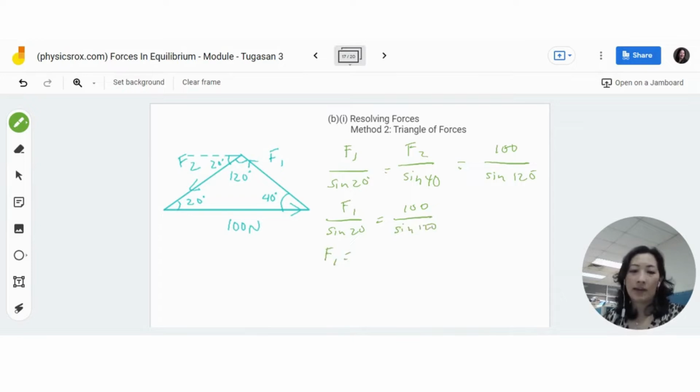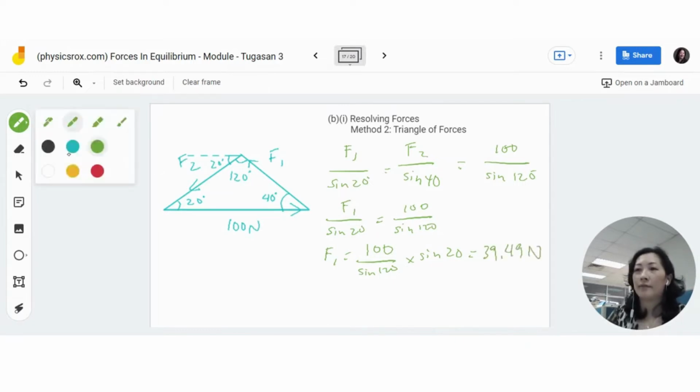Solving this, I'm just going to write the answer straight away. You know what? I'm just going to write it in full for the benefit of those who need to see it step by step. This gives us 39.49 Newton.